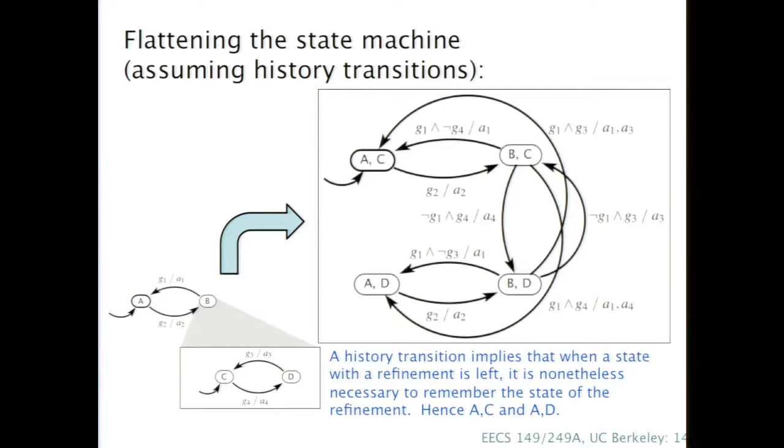Suppose I have 4 states in the refinement and 4 here, then this has exploded to 16 states. But if it's 8 and 8, it's exploded to 256 states. As a consequence, you can express very complicated behaviors very compactly.